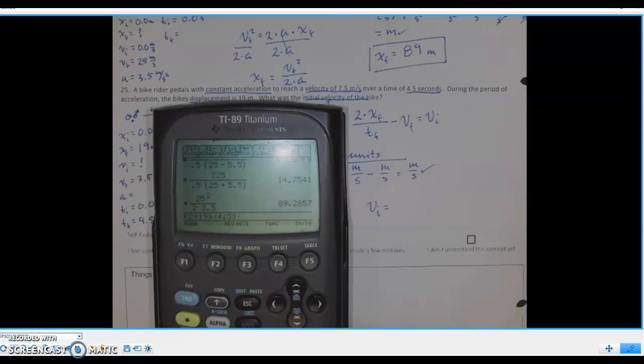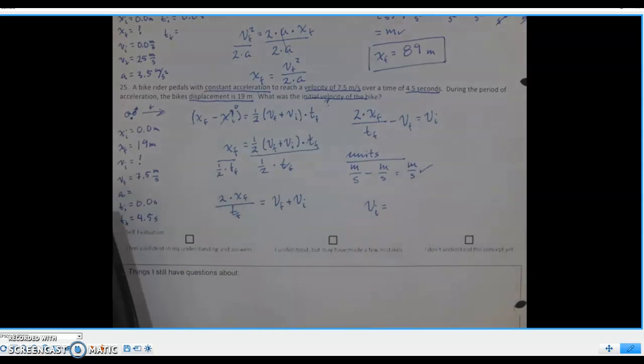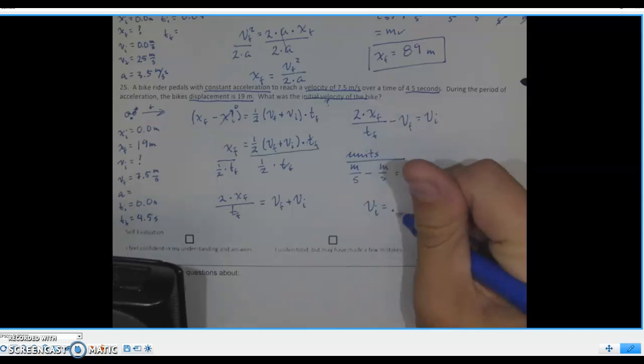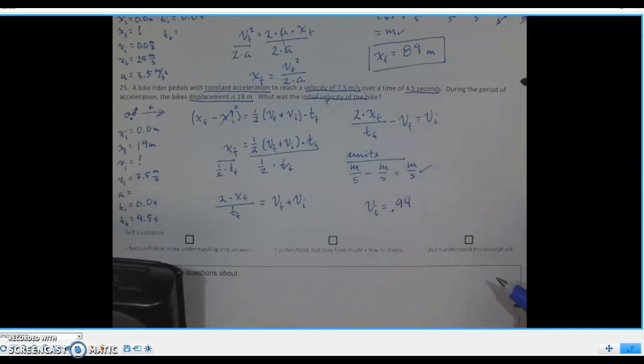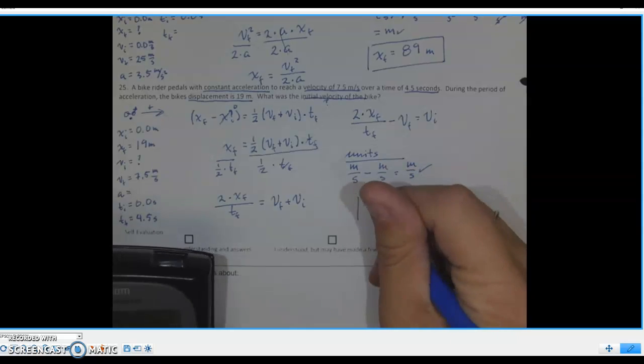So this whole thing is going to be subtracted from velocity final, which was 7.5. Okay, now 2 sig figs, 2 sig figs, 2 sig figs, so I'll go with 2 sig figs, 0.94, and this is meters per second.